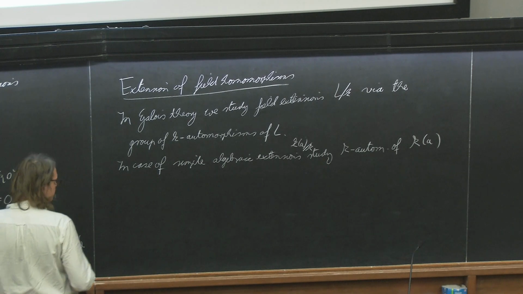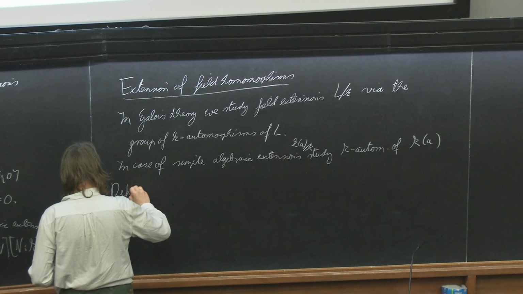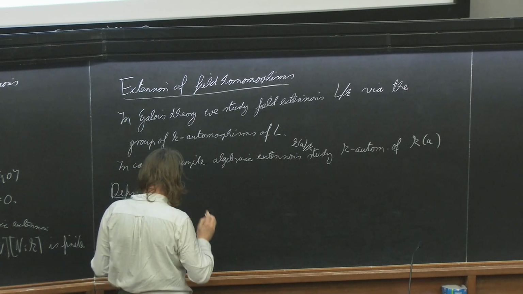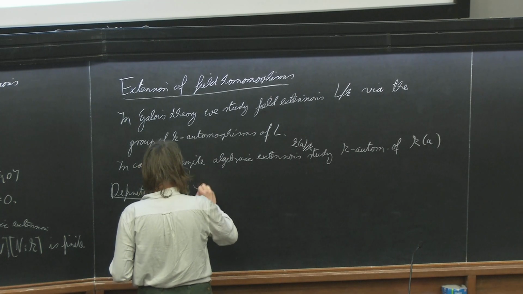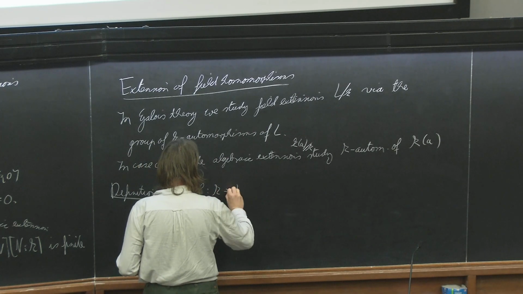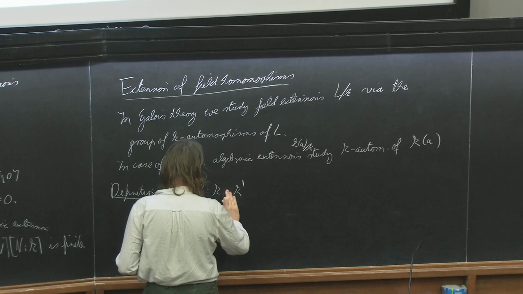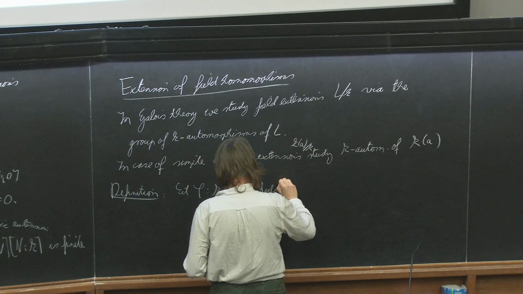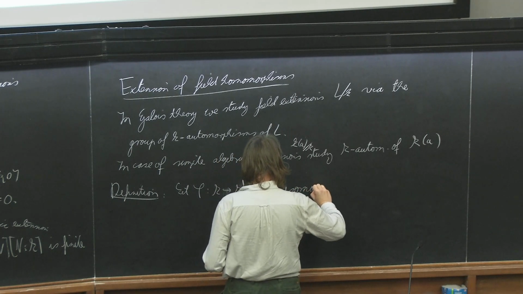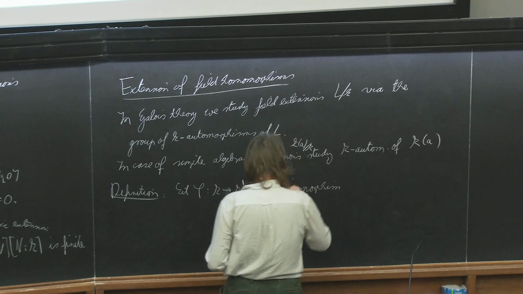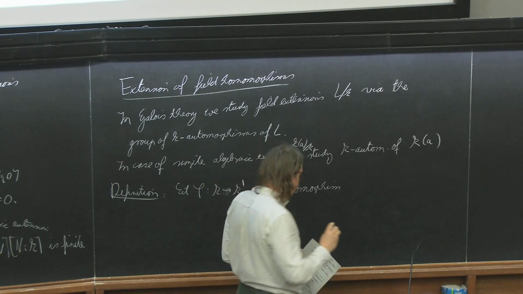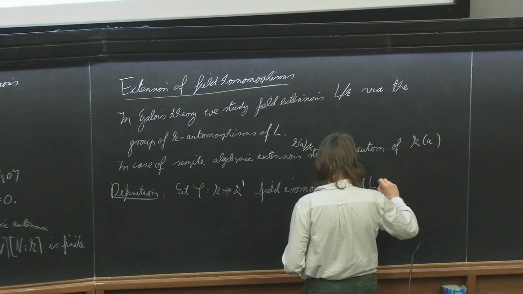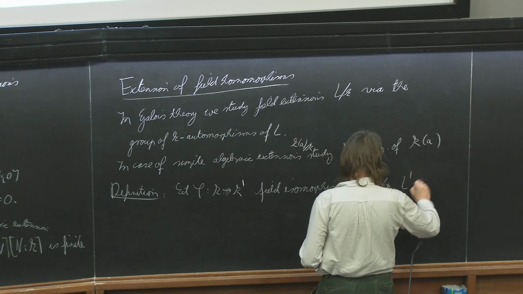So let me define this. Let phi from K to K prime be an isomorphism of fields. And we take field extensions, so let L over K and L prime over K prime.